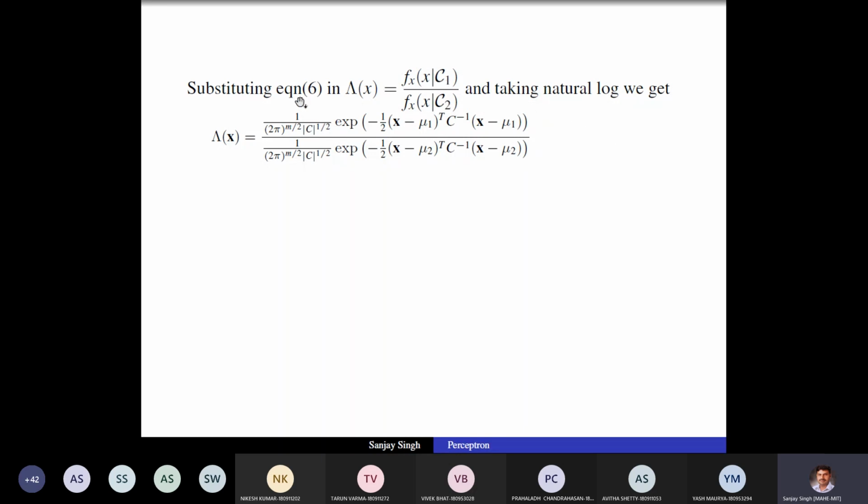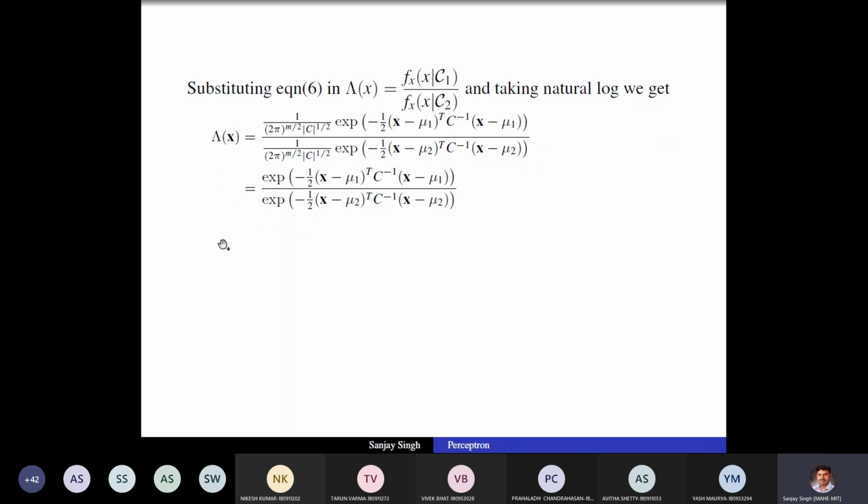Whatever expression we wrote in the last slide, we write here: 1 by (2 pi) to the m by 2, determinant of C, for class 1, and similarly for class 2. This particular factor is a constant, so we can cancel it easily without any problem. When we cancel this, we have something like this, right?